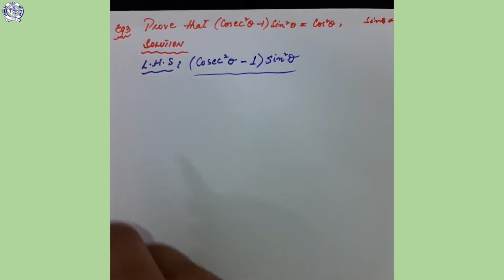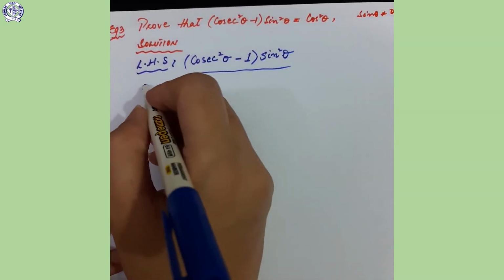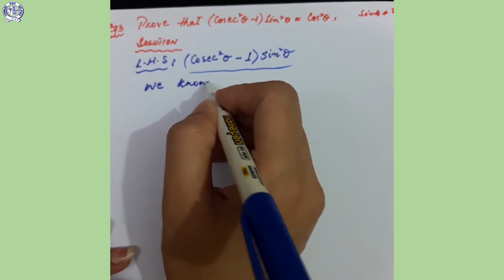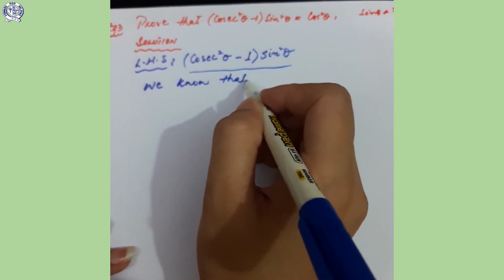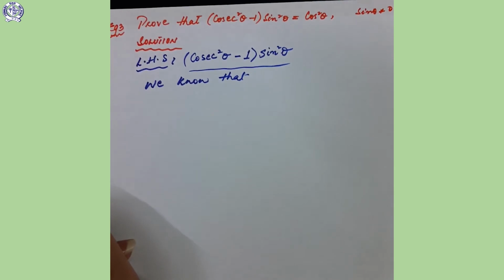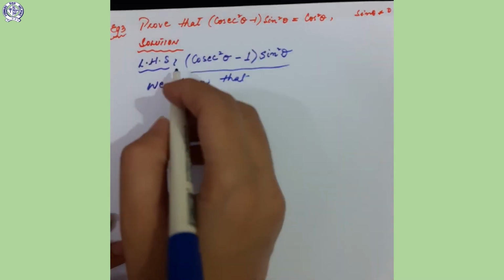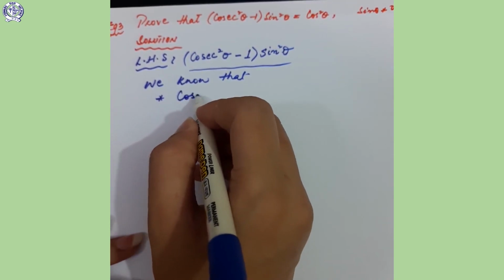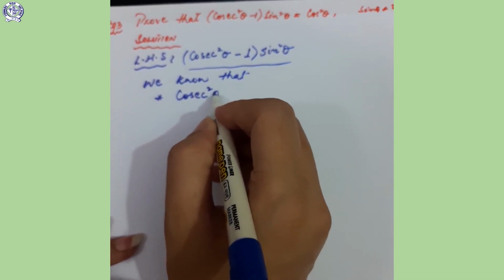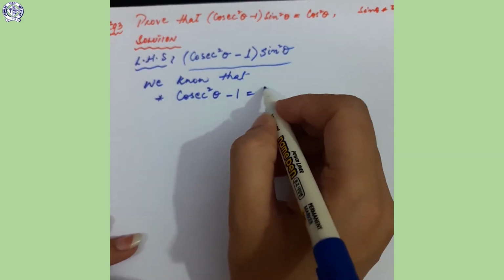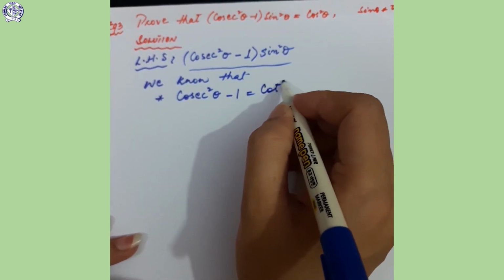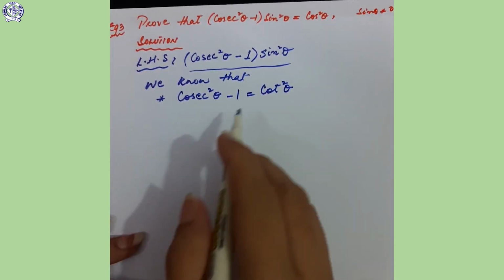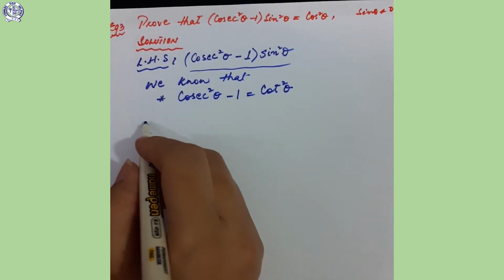We know that, if you have learned the formula, the formula is cosec square theta minus 1 equals cot square theta.